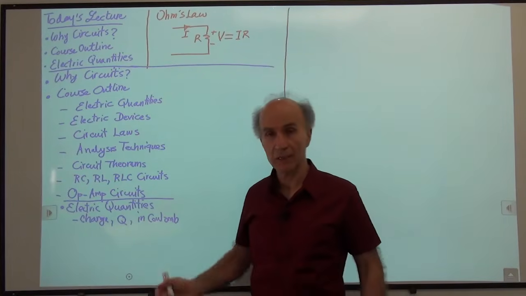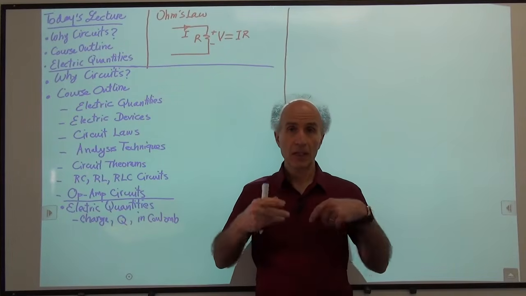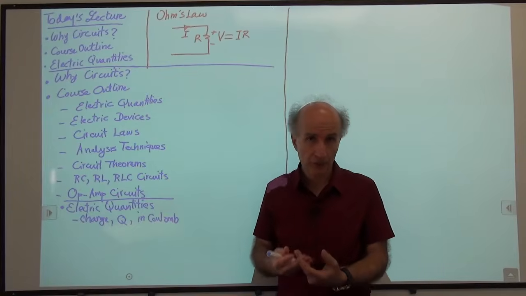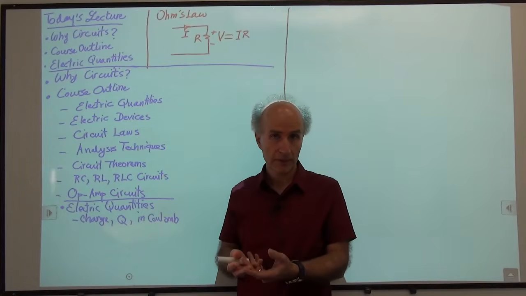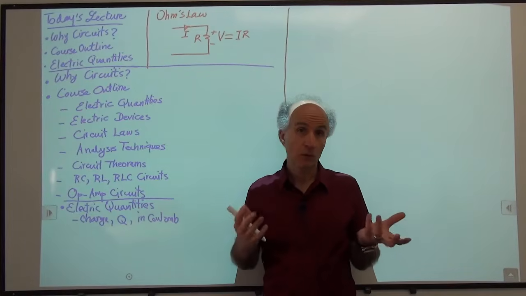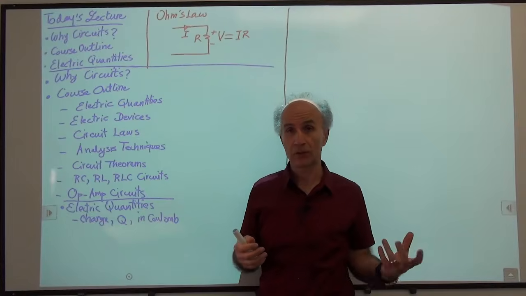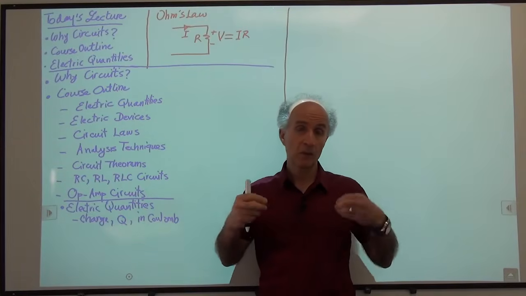So what is charge exactly? Well, we don't really know. Charge is a property that we attribute to elementary particles, such as electrons and protons. And we sort of say, okay, electrons have negative charge and protons have positive charge. What charge is, we really don't know.